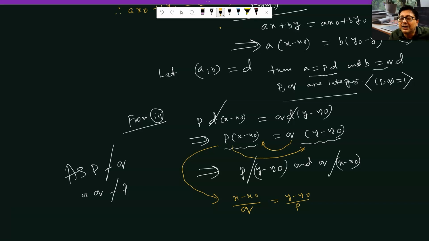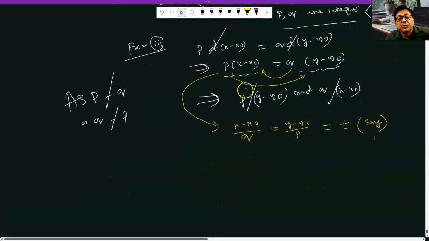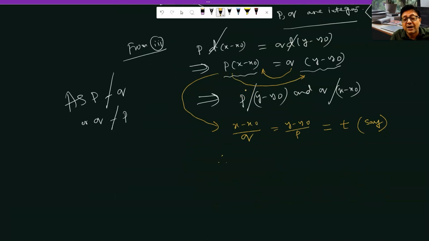We'll get an integer on division here, and those integers are equal. So let this thing be equal to t. You are just assuming it. So this implies x − x0 equals q times t.